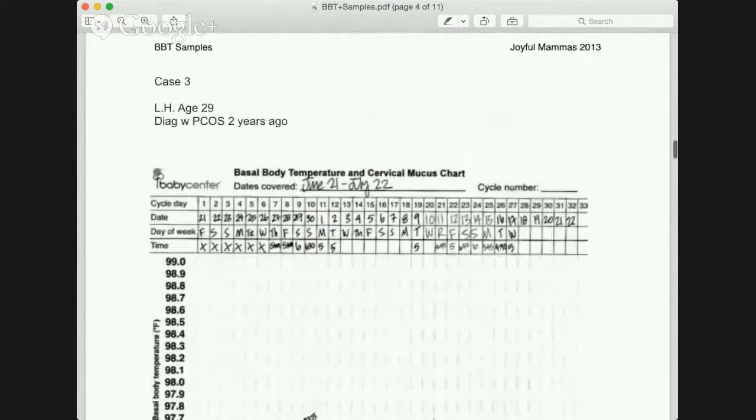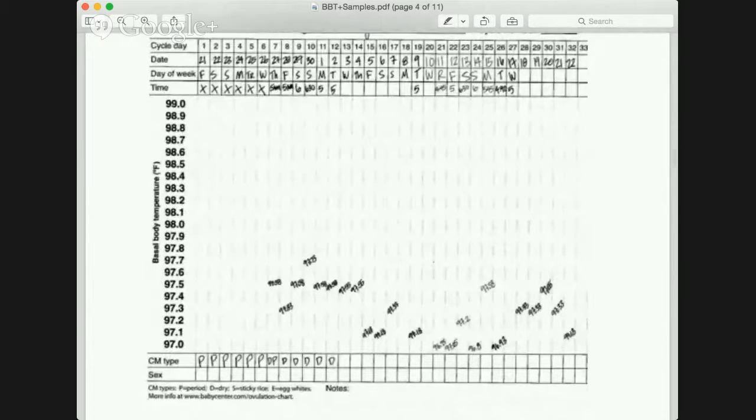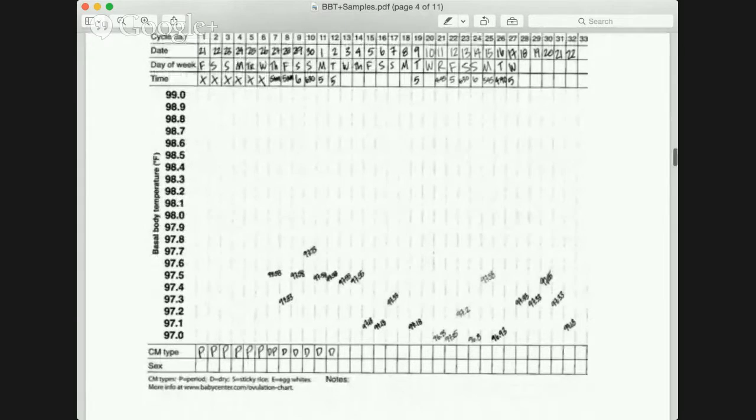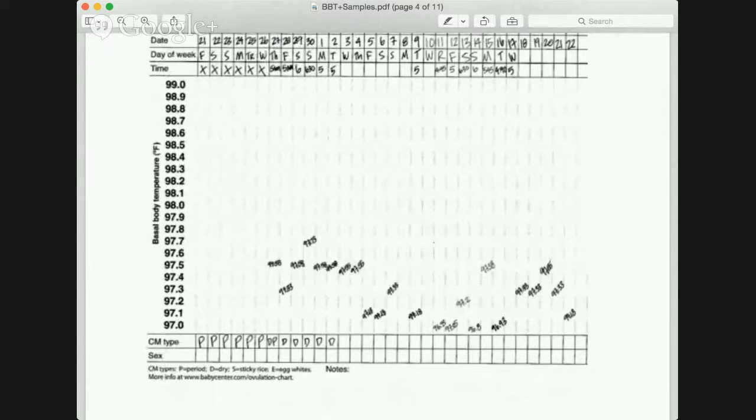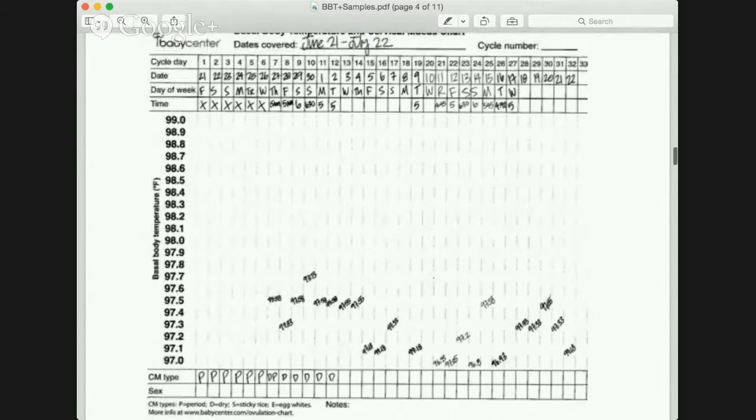All right, next case is a 29-year-old who was diagnosed with PCOS. She has a paper chart here that she just wrote in, and so we can't see quite as well, but this cycle is like 32 days.